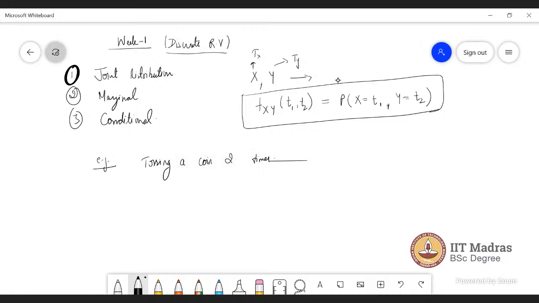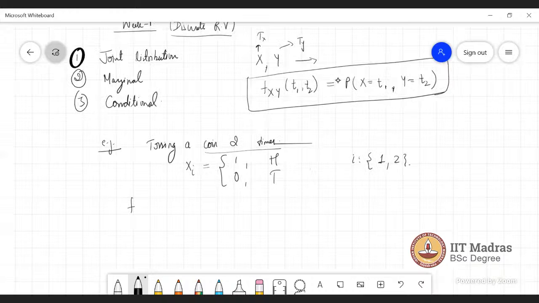Let's define the random variable X_i to be 1 if head occurs and 0 if tail occurs, where i takes the values 1, 2. So X_1 means the outcome on the first toss, and X_2 means the outcome on the second toss.